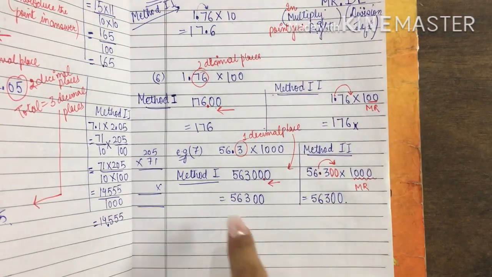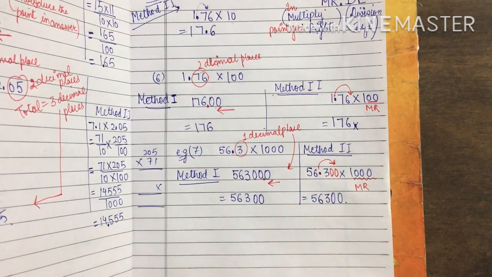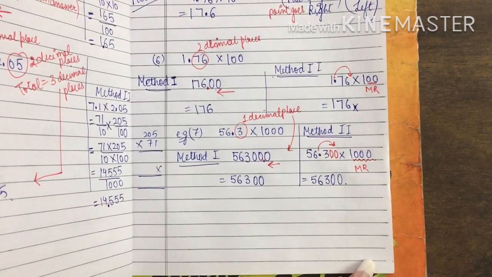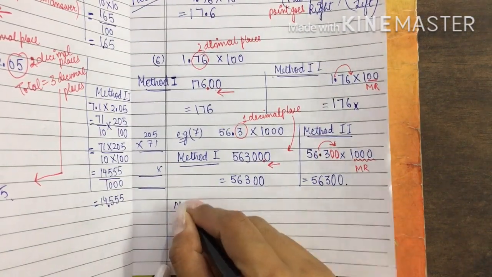If you are having problems with these methods, I can suggest that you can always use the method which we discussed in the previous types for these questions. Means you can also multiply these using fractions. So write a note.